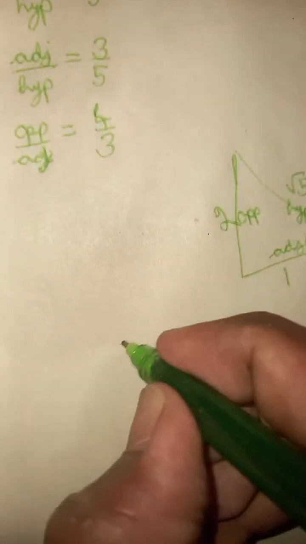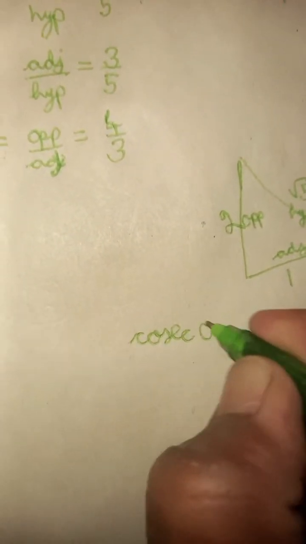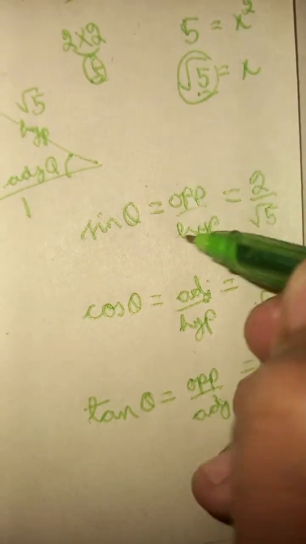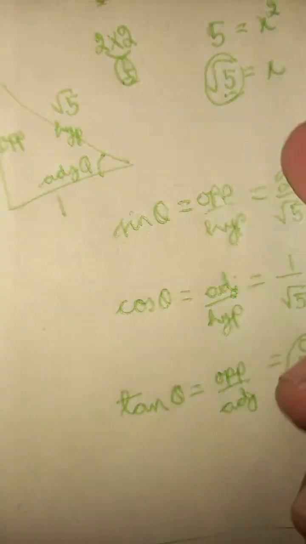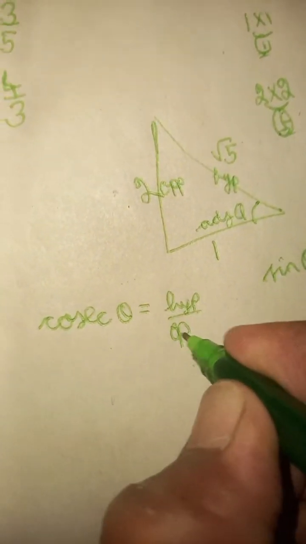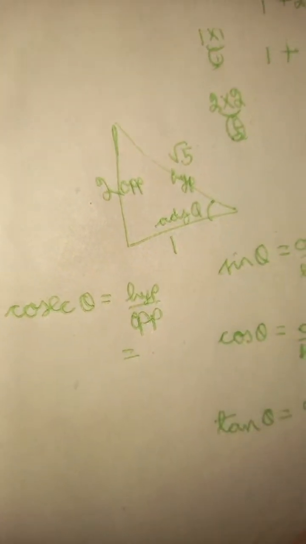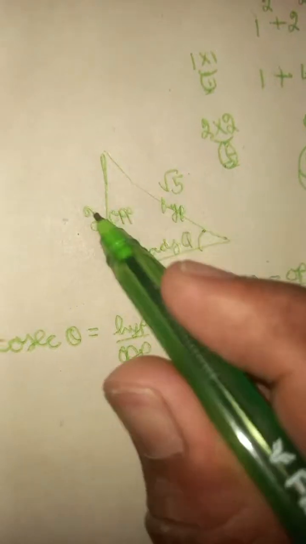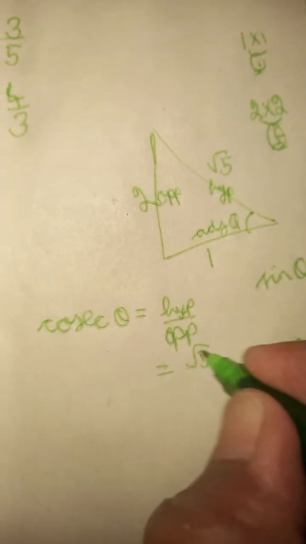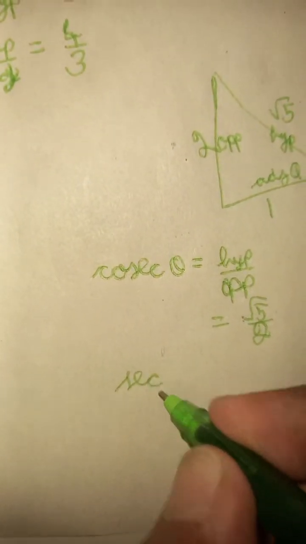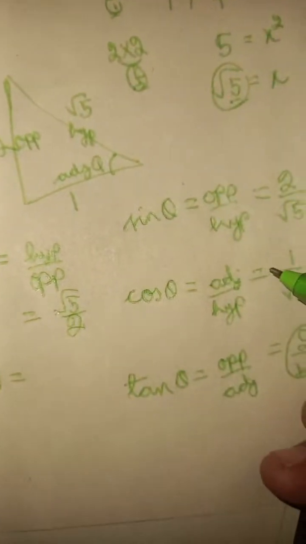Now let's find the other three, the reciprocal relations. First one is cosecant of theta. Sin theta is opposite by hypotenuse, and its reciprocal flips upside down. Cosecant theta is hypotenuse by opposite, so it is root 5 by 2. Now secant theta is the reciprocal of cos theta.